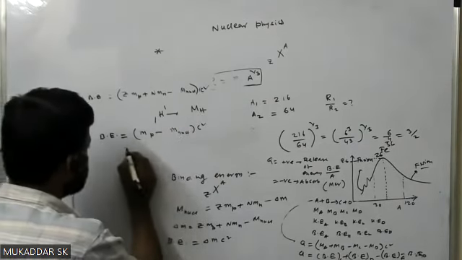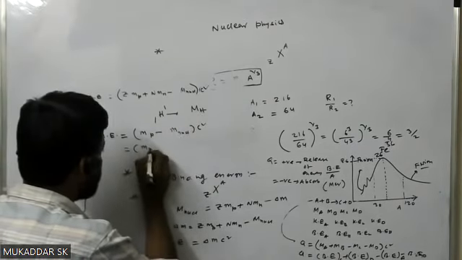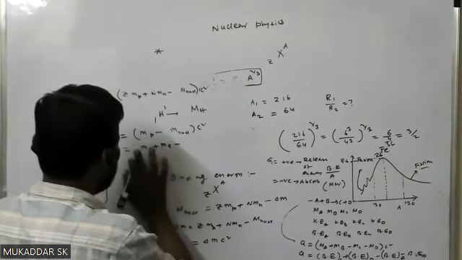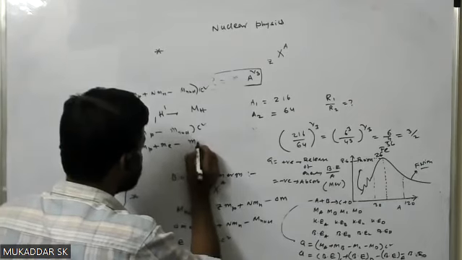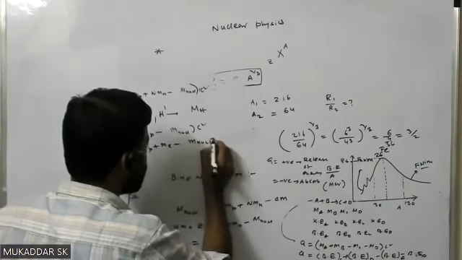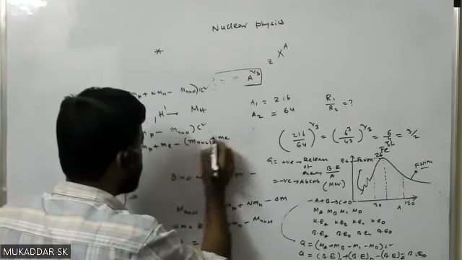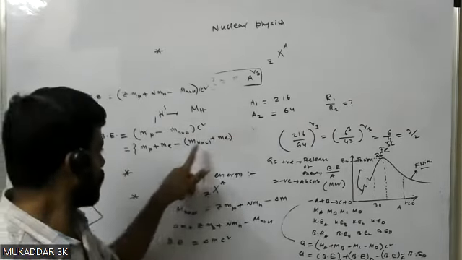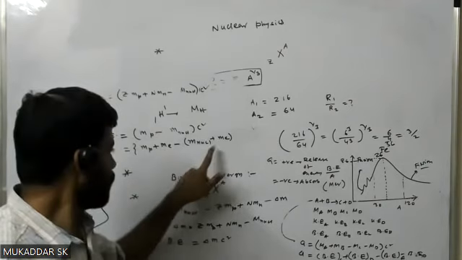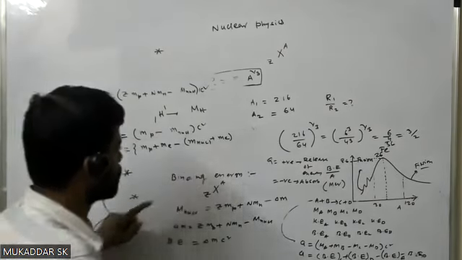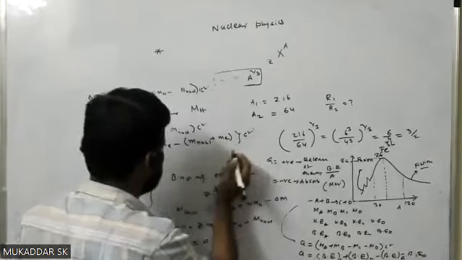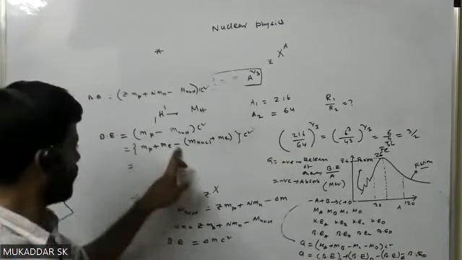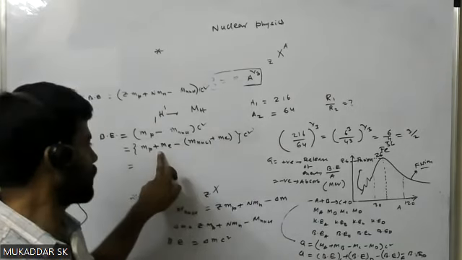So what I will do is add the mass of the electron and then subtract the mass of the electron, into c squared. You can see I have added me and subtracted me.